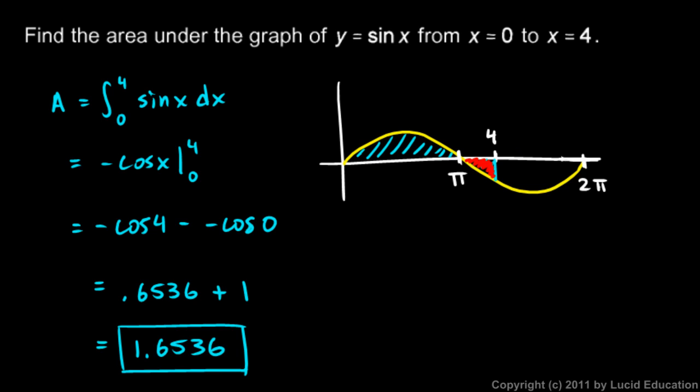So you might expect the area to be larger than 2, and it's not. It comes out to less than 2. And the reason is this area here below the axis, the integral calculates that as negative. So what it's doing, it's taking this area here, which is 2, and then it's subtracting this much from it. And we're ending up with 1.6536.